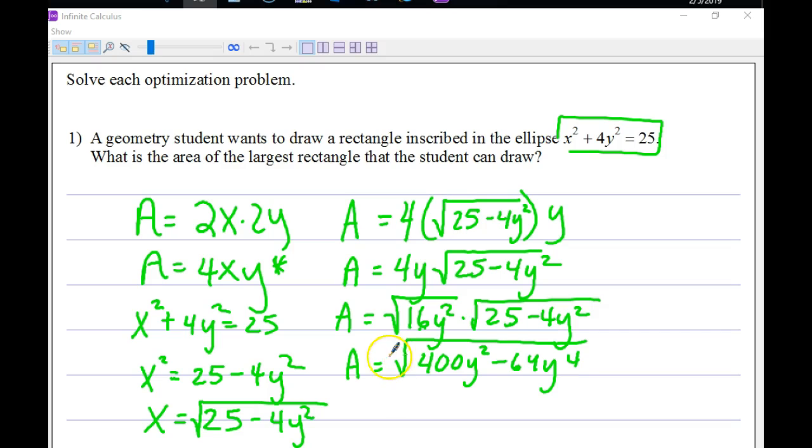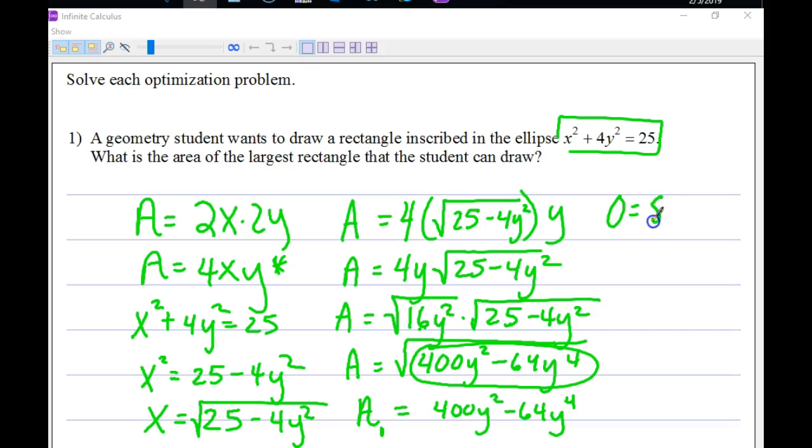I don't really need to worry about finding the derivative of the square root function. I can just find the derivative of the inside itself. So we'll call this a sub 1, where we just look at the inside part. And then I'm going to find the derivative of a sub 1 and set it equal to 0. That's going to be 800y minus 100 and what would that be? 256, I think.